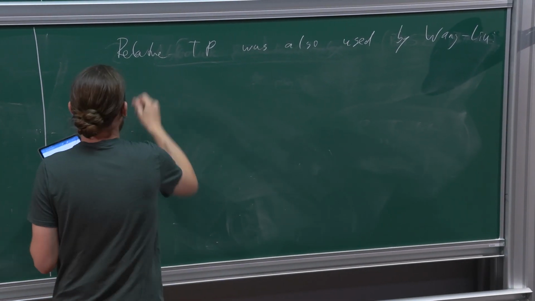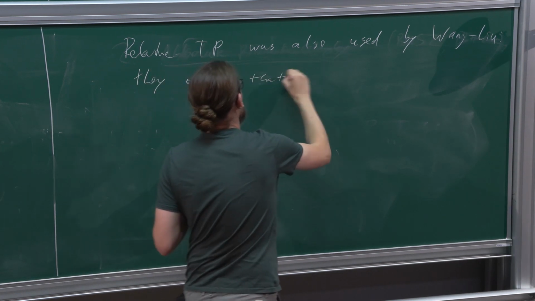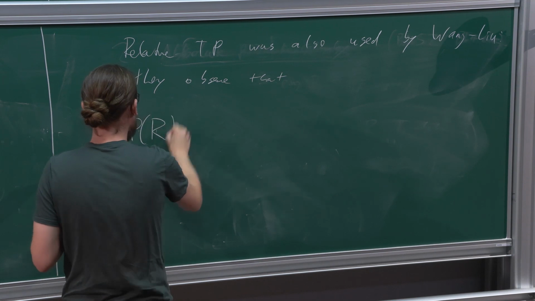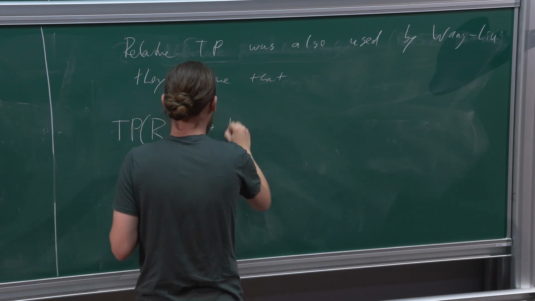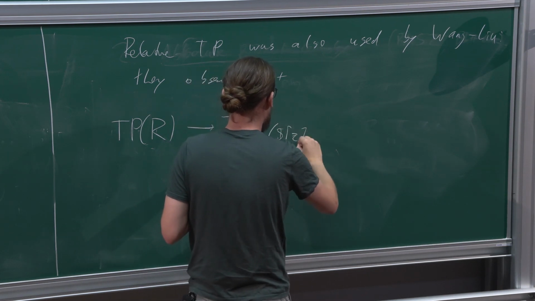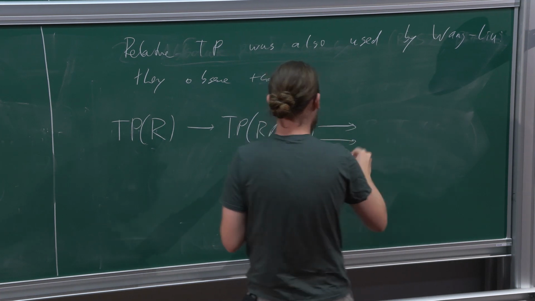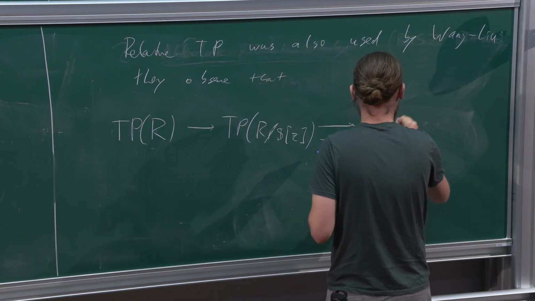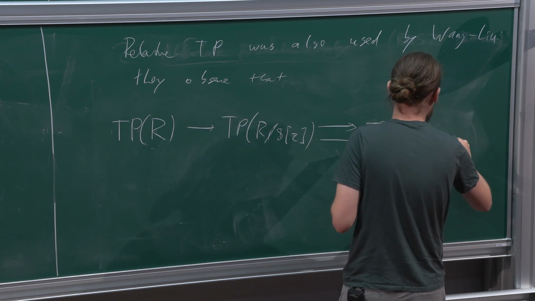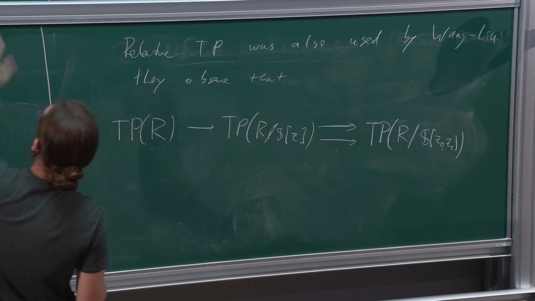They observe that in the cosimplicial diagram where you have absolute TP, this maps to relative TP, and then you can map in two different ways to TP relative to a polynomial ring in two variables, defined just like over there.